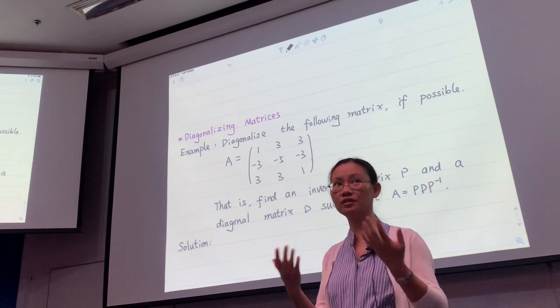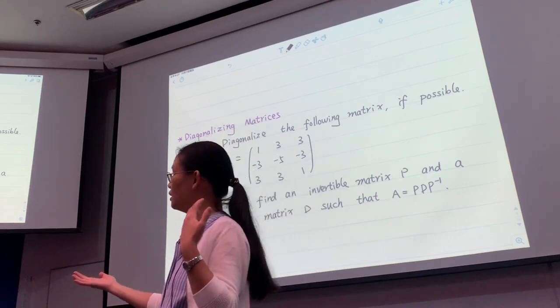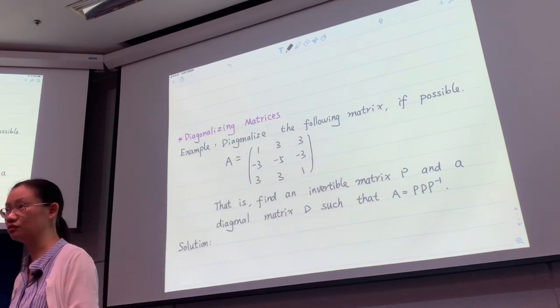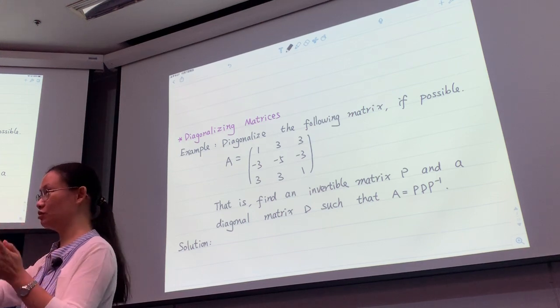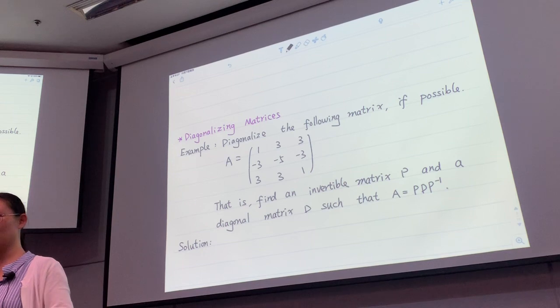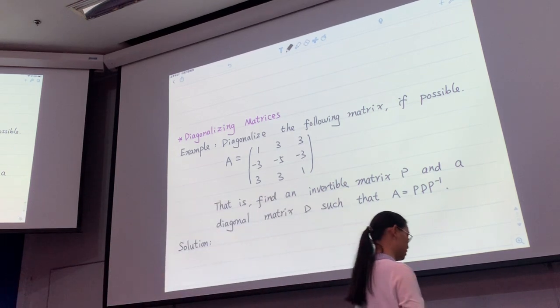So after the previous theorem, you should have a rough idea that first we need to find eigenvalues and their eigenvectors, right? And then you put P to be the eigenvectors, D the corresponding eigenvalues like this. So let's do it step by step.